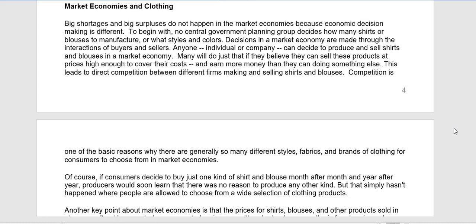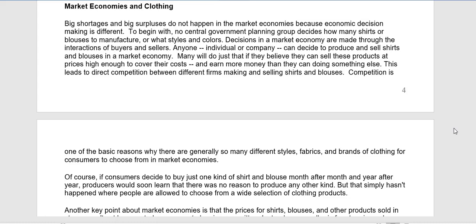Anyone, individual or company, can decide to produce and sell shirts and blouses in a market economy. Many will do just that if they believe they can sell these products at prices high enough to cover their costs and earn more money than they can doing something else. This leads to direct competition between different firms making and selling shirts and blouses.